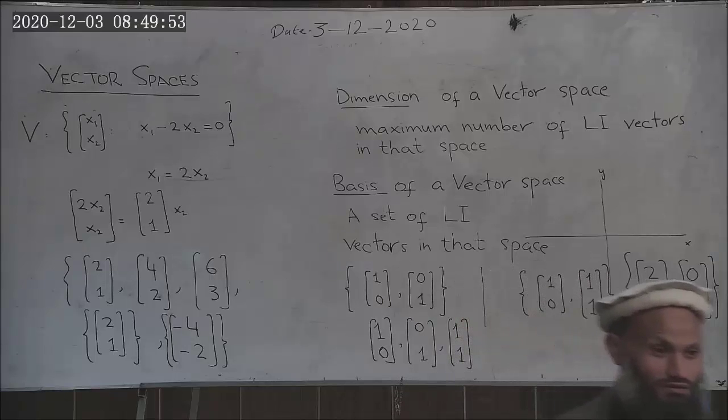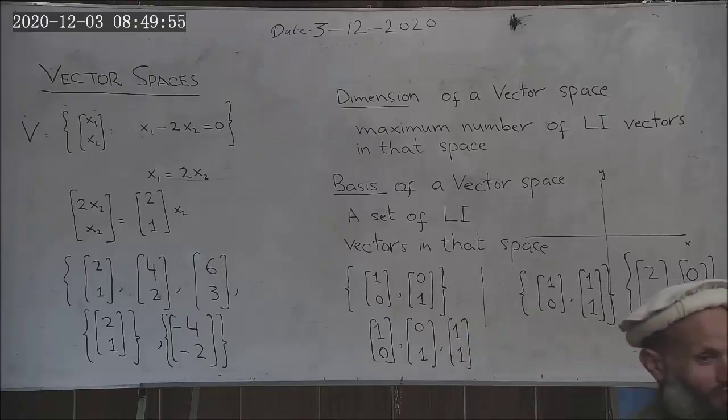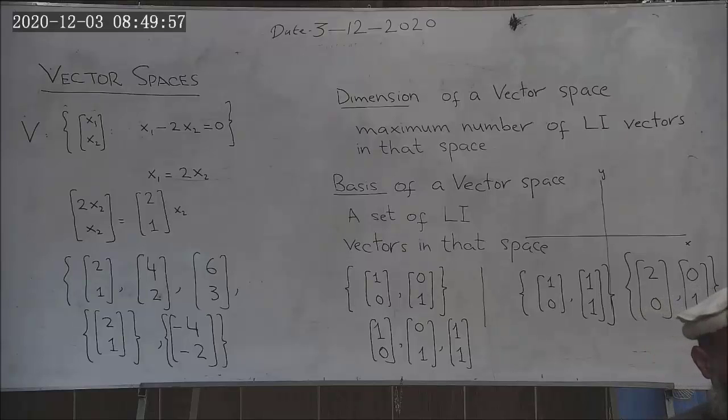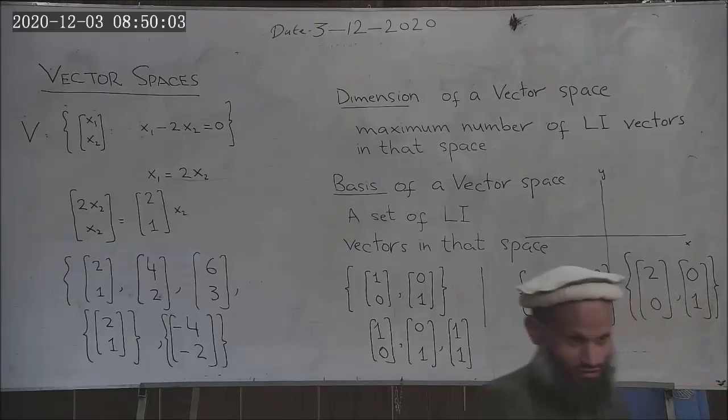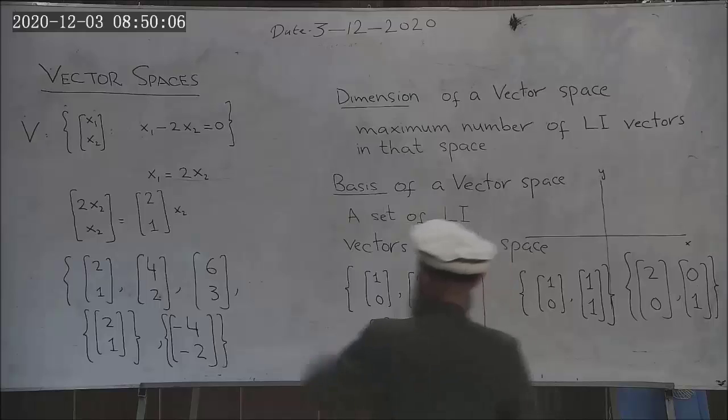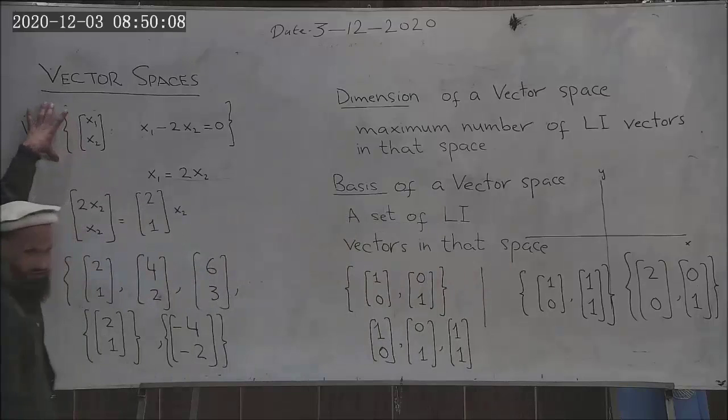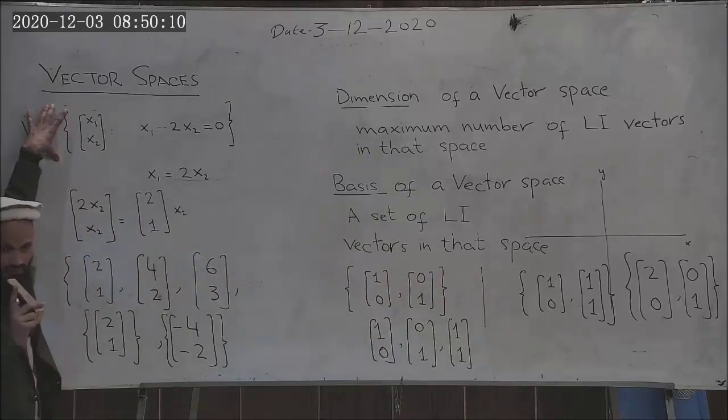Basis and dimension: dimension is a number. Dimension is the number of linearly independent vectors in that vector set. So dimension is a number. What is the dimension of this vector space? 1. The dimension of this vector space is 1.